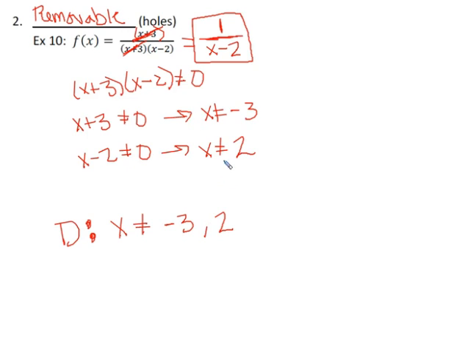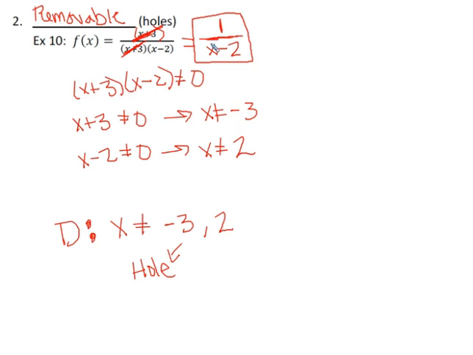Okay, so let's hypothesize something here. Since we were able to remove, or cancel out, the x plus 3, this x value that does not work came from that particular factor. Since we are removing it, that would in a sense make it a hole. So we're going to hypothesize that at this particular value of negative 3, since we were able to remove that factor, there is going to be a hole on our graph.